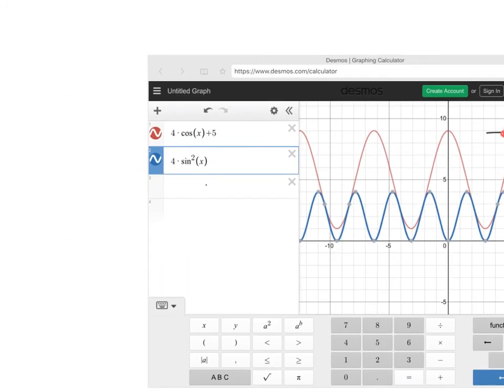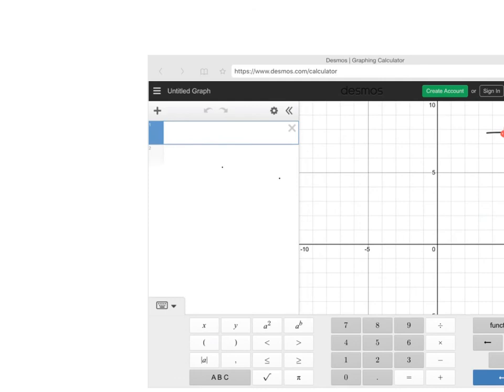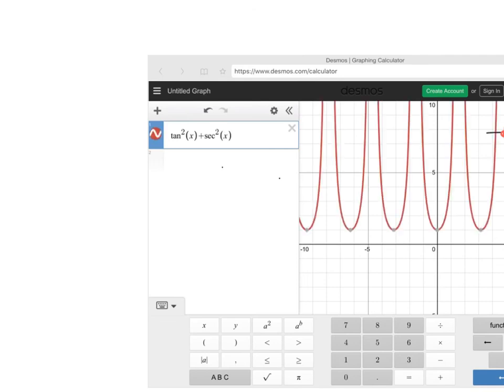So let's graph tangent squared of x plus secant squared of x. Okay, so there we go. We see the graph.